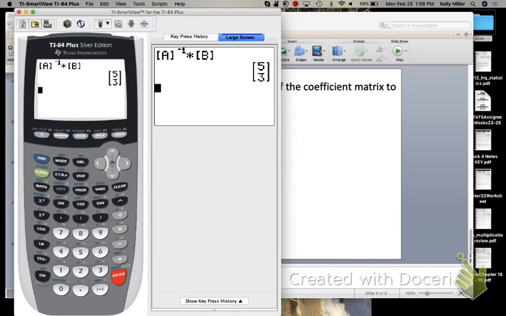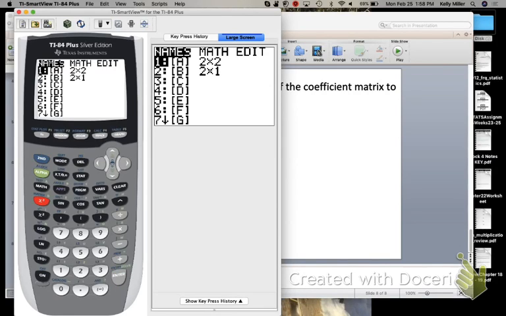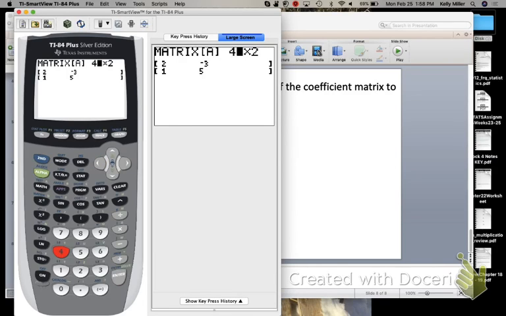Okay. So go into your matrix A, go over to edit. We're changing it to a 4 by 4. Well, so if there's no z, put a 0 there. So it would be a 1, 1, 0, 2 for your first row.